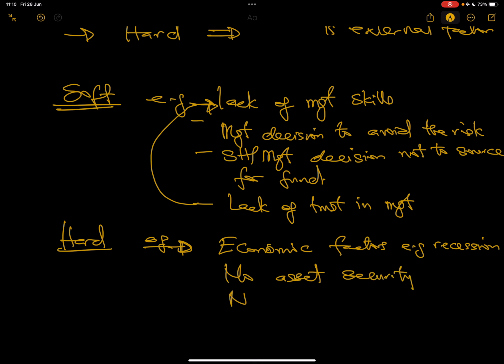Yeah, no debt capacity. If the bank has assessed your company and decided that your debt capacity is very low, they won't give you fund. Likewise, no track record. If they think that the company doesn't have track record in that area of investment, they will not make fund available.